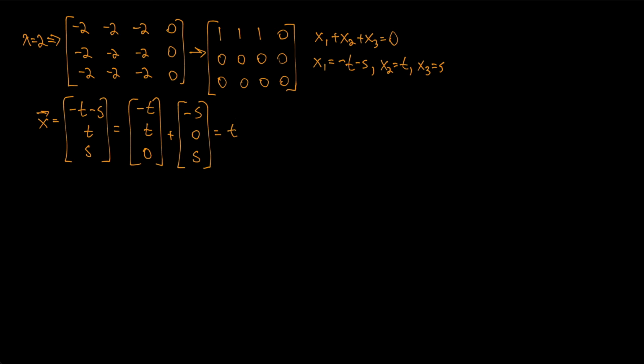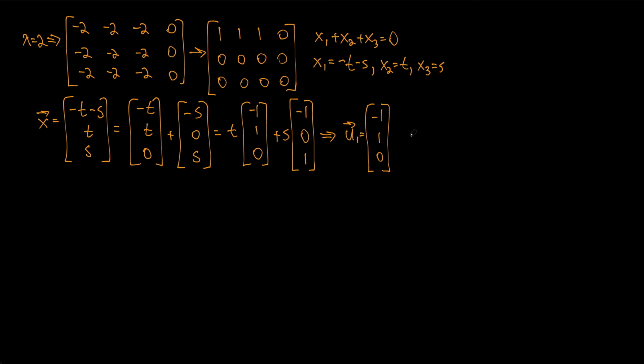So I have t times minus 1, 1, 0, and I have s times minus 1, 0, 1. So that gives me 2 eigenvectors, u1 equal to minus 1, 1, 0, and u2 equal to minus 1, 0, 1. Not surprising we had 2 because the eigenvalue was duplicated.